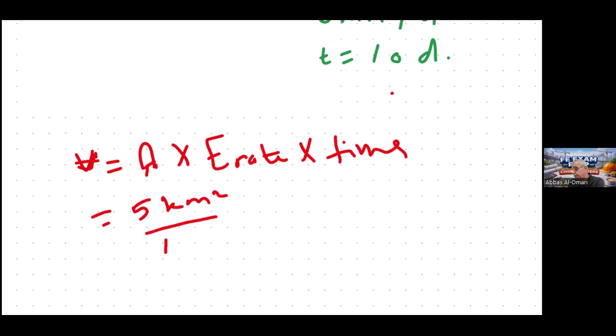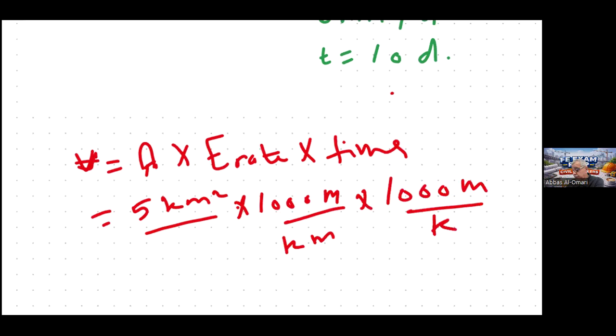We want to change from kilometer square to meter square, so we multiply by 1,000 meter per kilometer by 1,000 meter per kilometer. So we can cancel the kilometer square with the kilometer square here. And now we need to multiply by the duration, the time, which is 10 day.